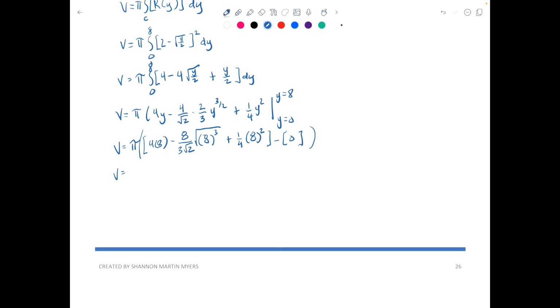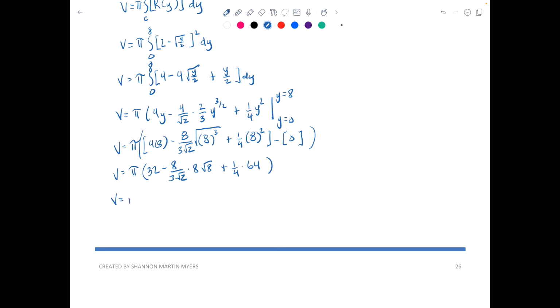So the volume will be pi times 32 minus, you bring out 1/8, so we still have an 8 over 3 root 2. You bring out 1/8 from that square root, we'll get an 8. And then we have a square root of 8 left. That's what we get from the square root of 8 cubed, plus 1/4 times 64.